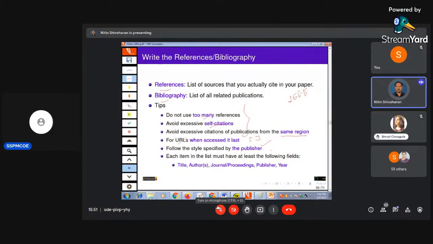But the reference section must consist of these things: the title, name of authors, journal or proceeding name, publisher, and the year are also required in your reference section.